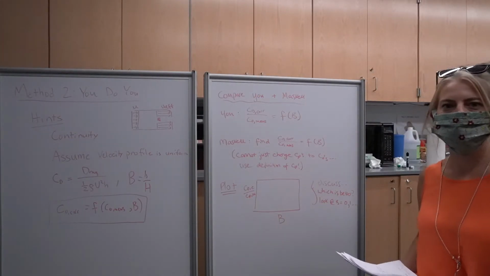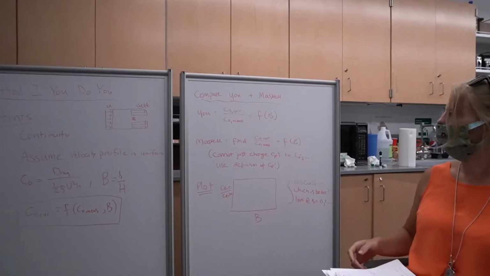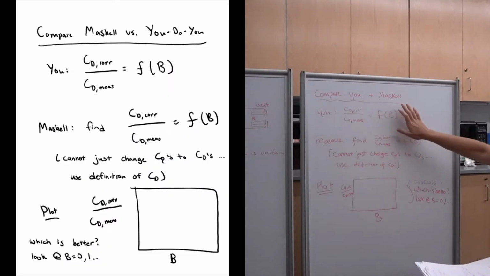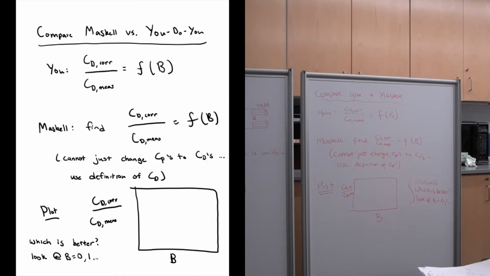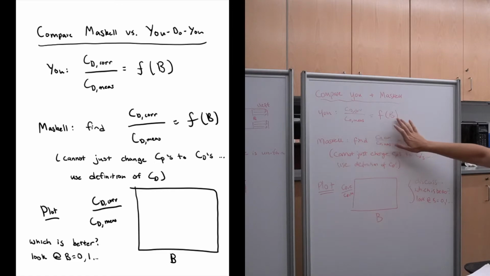Okay, so we now have two different ways of correcting for blockage: your method and Maskell's method. As you saw before, you're going to find an expression for CD corrected divided by CD measured as a function of b. This should also give you a hint as to what your equation is going to look like.